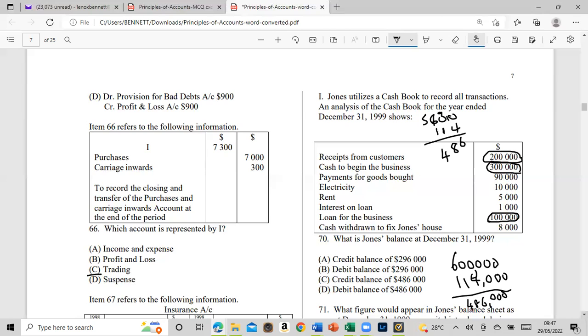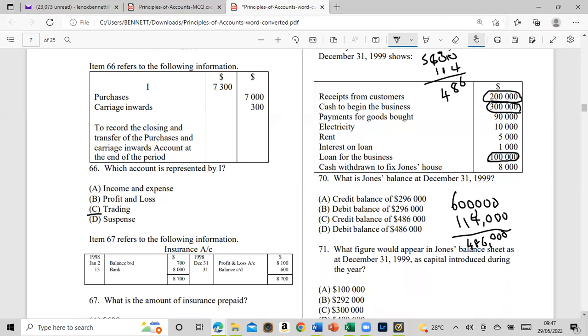So that's 486,000. All right, and that will be on the debit side, right? So for 70 the answer would be D, as it's on the debit.